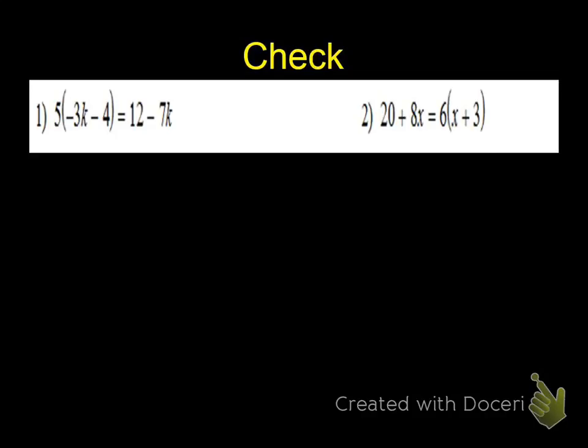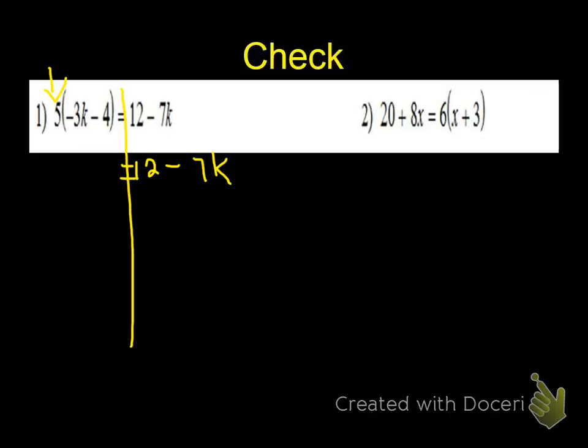I'll do number 1, and then we'll erase the work and we'll do number 2. So again, we've got the equal sign here. Let's go ahead and just rewrite the 12 minus 7k so we don't forget it, equals, we've got distributive property here on the left side.